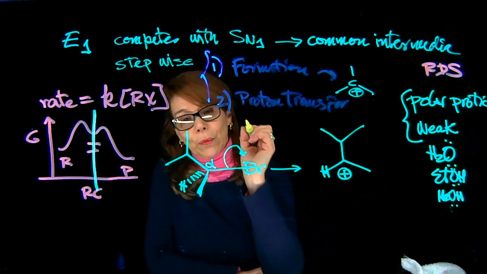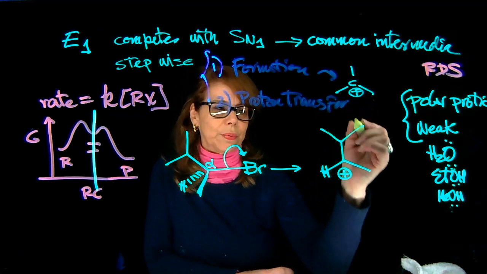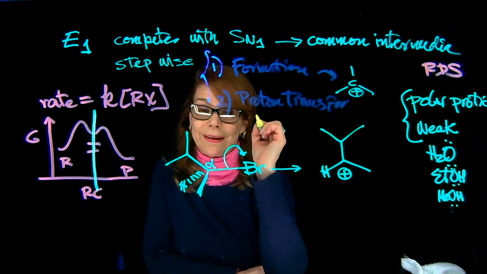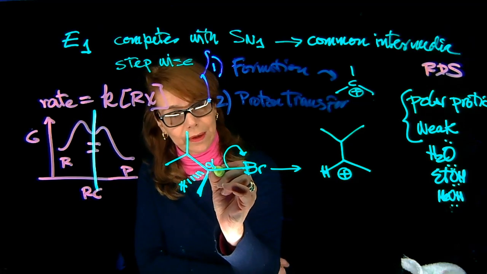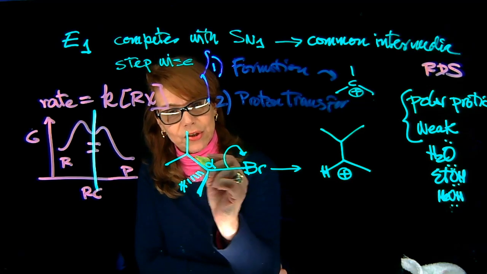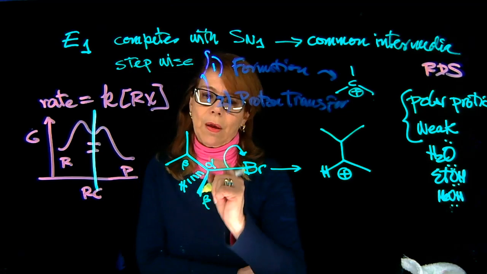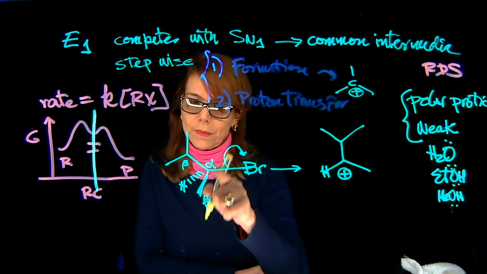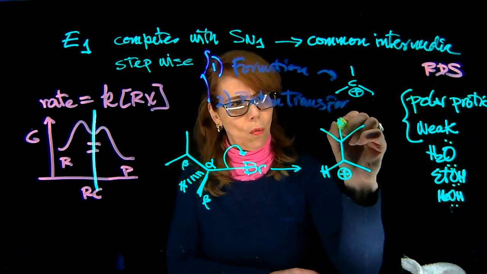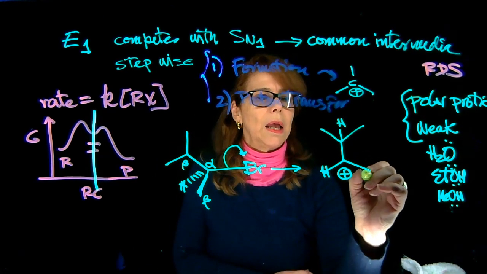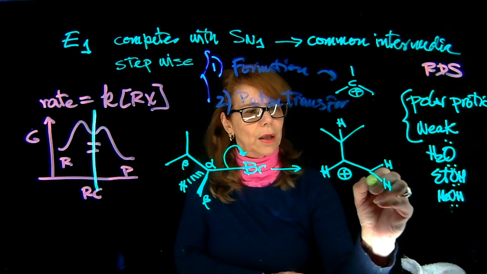Now, when we're drawing the E products, the elimination products, we need to identify what are the beta hydrogens. So here in the initial molecule, that's my alpha carbon. The next position is beta. This is also a beta position. Here you have 1 hydrogen, and here you have 3 hydrogens, beta hydrogens. So I'm going to draw 1 hydrogen here, and 3 over here.